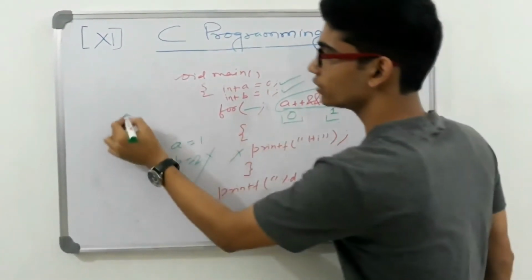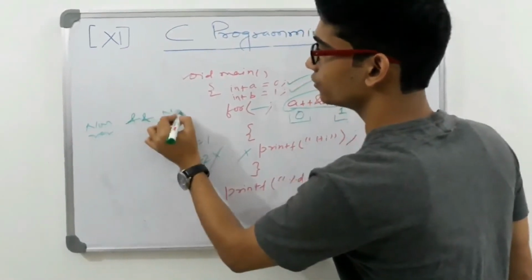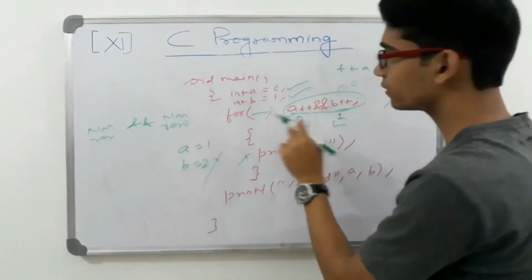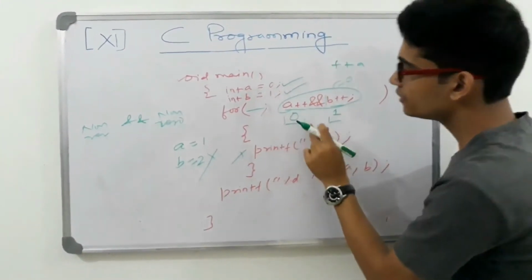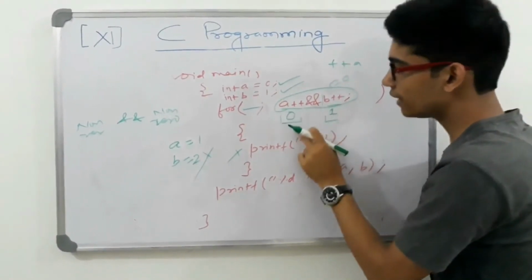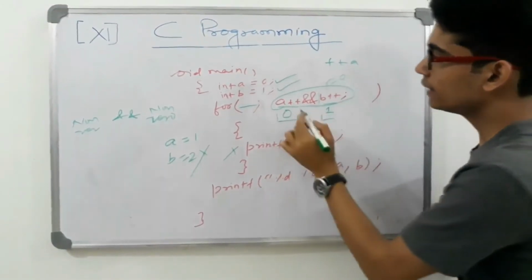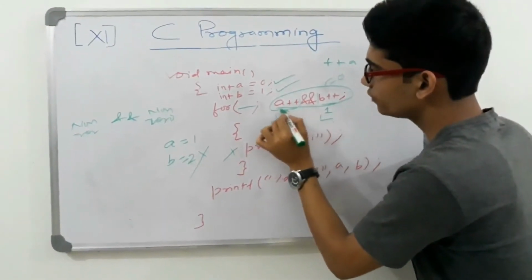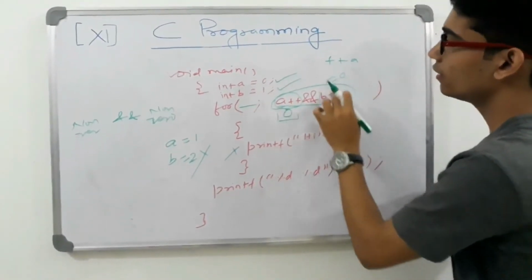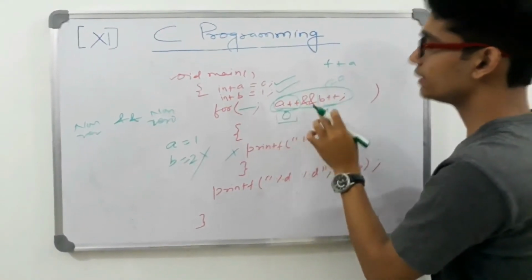And if we are doing logical AND of non-zero and non-zero, then it is going to return a non-zero value, and the condition will be true. Here a zero value is logically ANDed with a non-zero value. So this term is enough to tell you that the returned value will be 0.